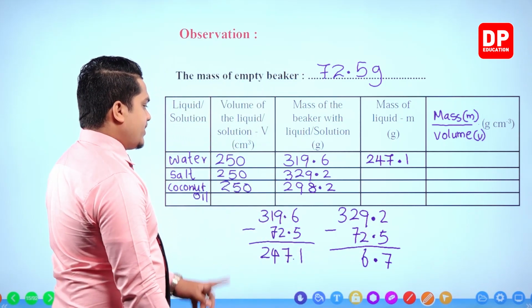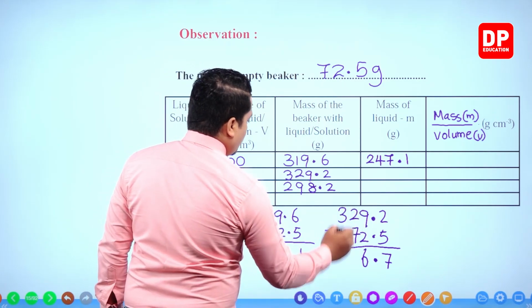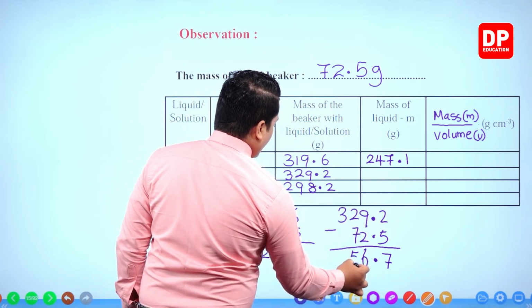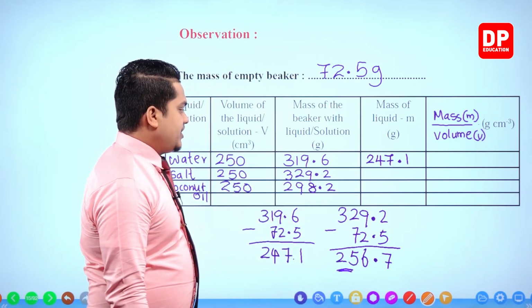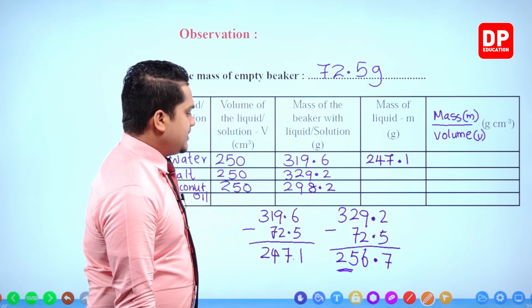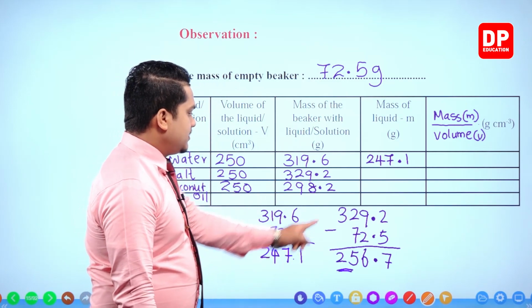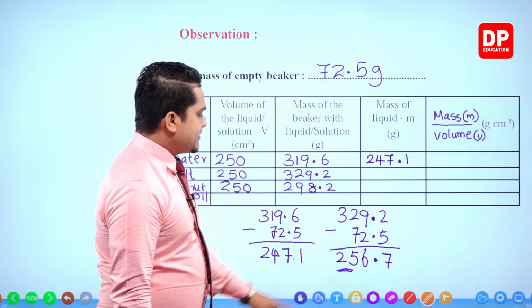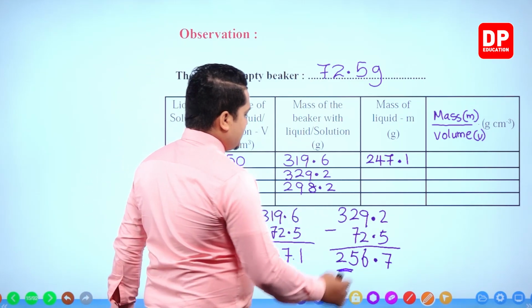Then 32 minus 7, so we take 112. 12 minus 7 is equal to 5. Then 2. Once again, we'll recheck. 12 minus 5 is 7, 8 minus 2 is 6, take one to the other side, 12 minus 7 is 5, then 2. So 256.7.